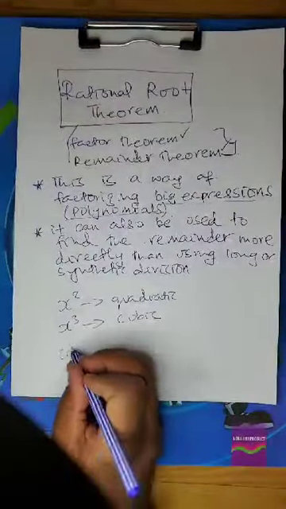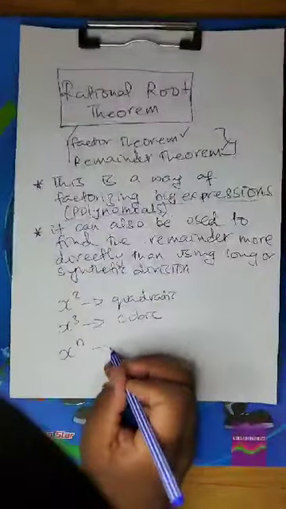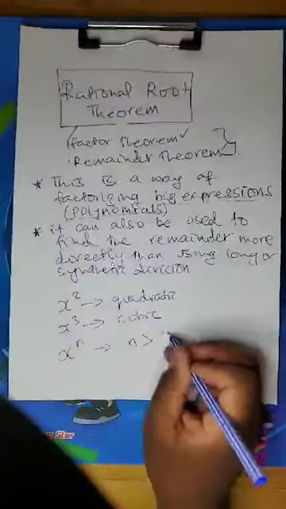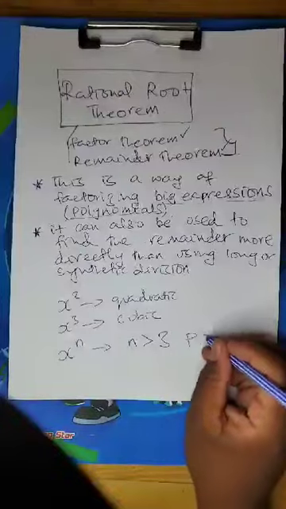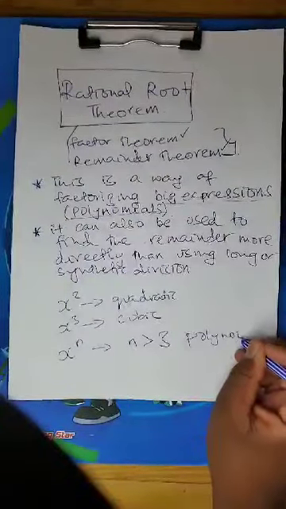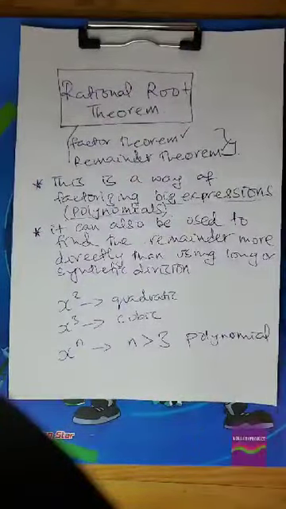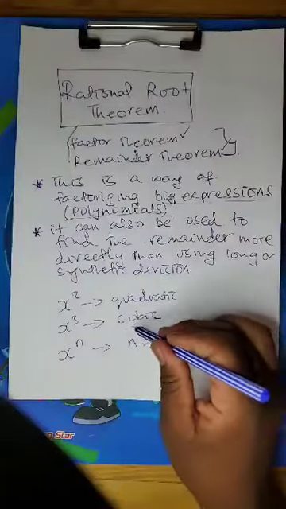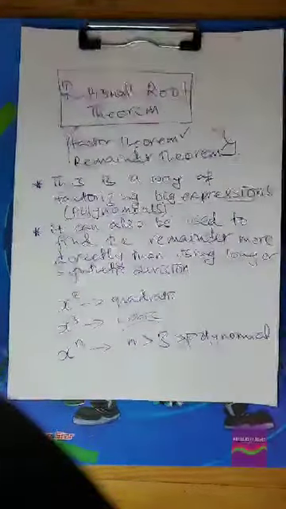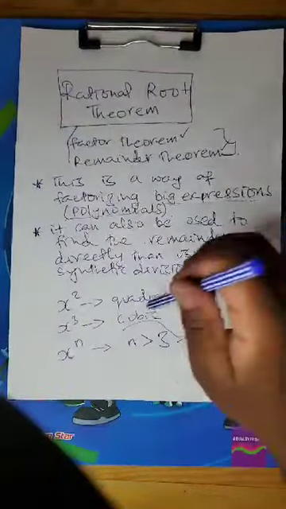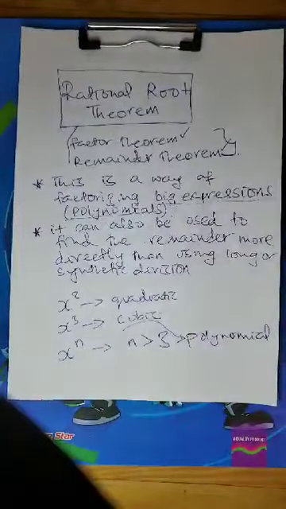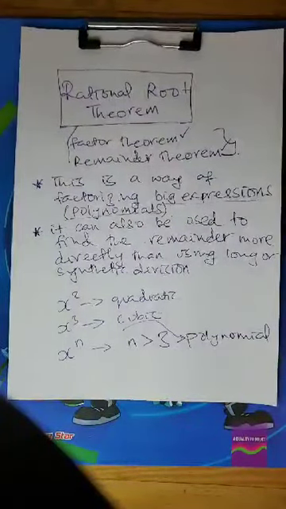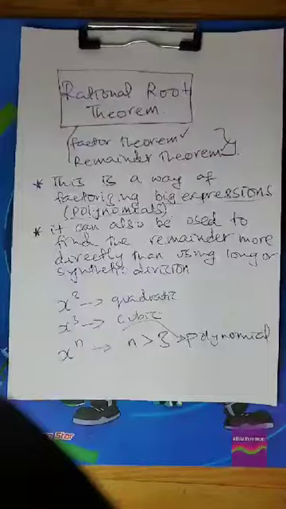But if you reach x to the power n, where n is greater than 3, generally it will be called a polynomial. Sometimes even x to the power 3 is considered a polynomial, even though it has its own name. So a polynomial is basically an expression with a very big power.